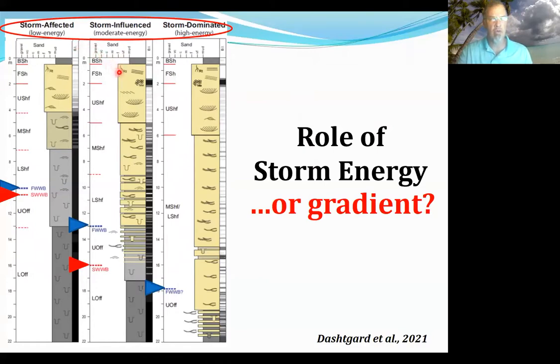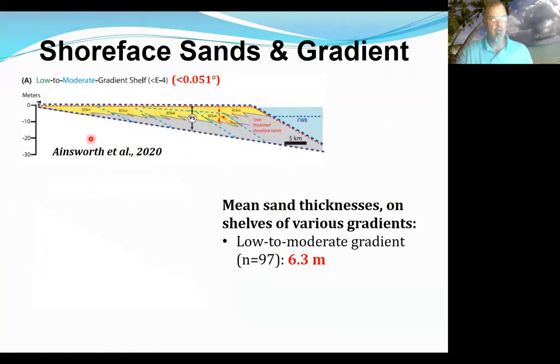Is it related to storm energy, or could this be a reflection simply of gradient? Do we know for sure that wave energy, storm energy, in fact, increased or would increase? One study recently published by Bruce Ainsworth looked at this question about shoreface sands and gradient. He compared the mean sand thickness on shoreface shelves of various gradients.